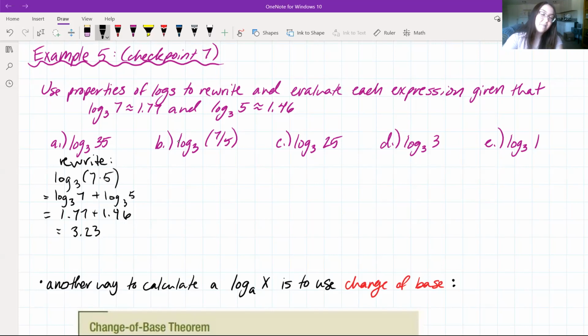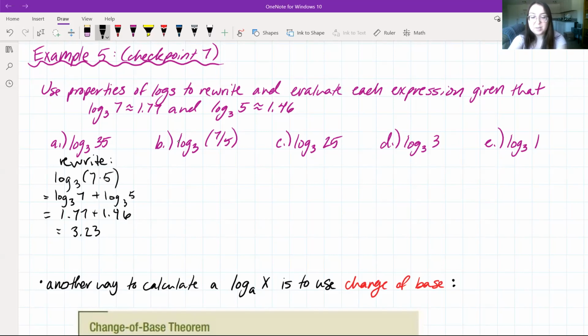All right, and we'll do the same thing for part B here. We have log base 3 of 7 divided by 5. Now we see that 7 is already being divided by 5 and it's not like a decimal or anything along those lines. So we can just rewrite it straight out into our expanded form using our property.